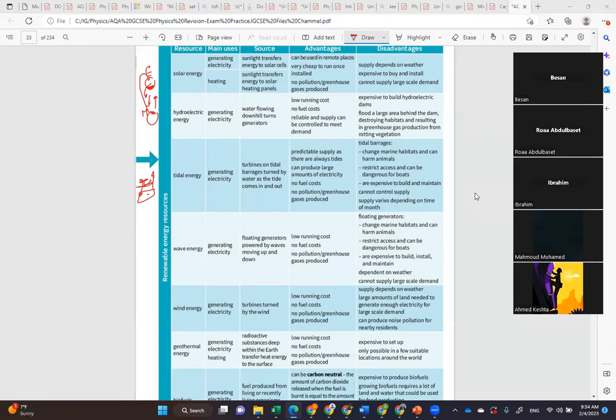I need the definition of carbon neutral. It's fuel from, it's like using carbon dioxide and animal stuff. Okay. Mahmoud Muhammad, can you define again the carbon neutral?